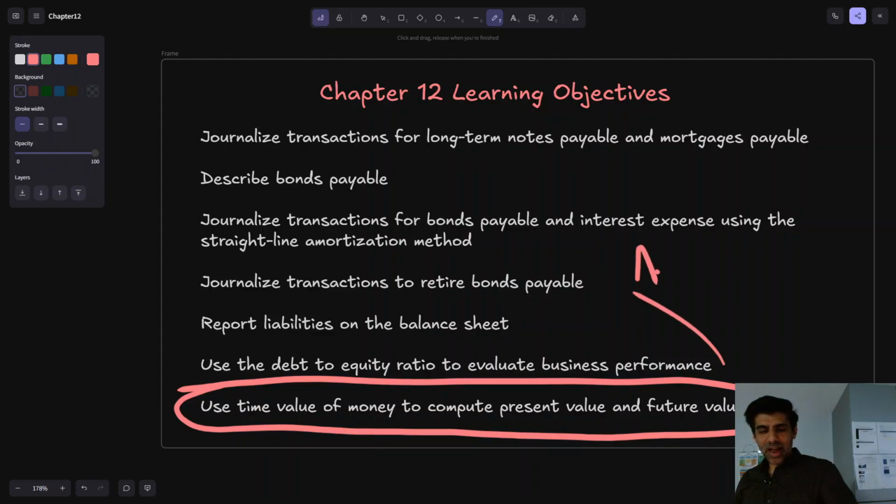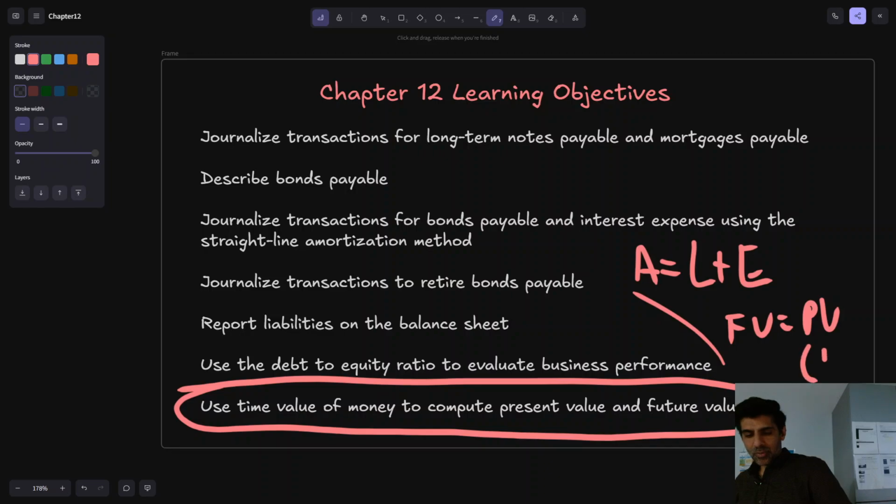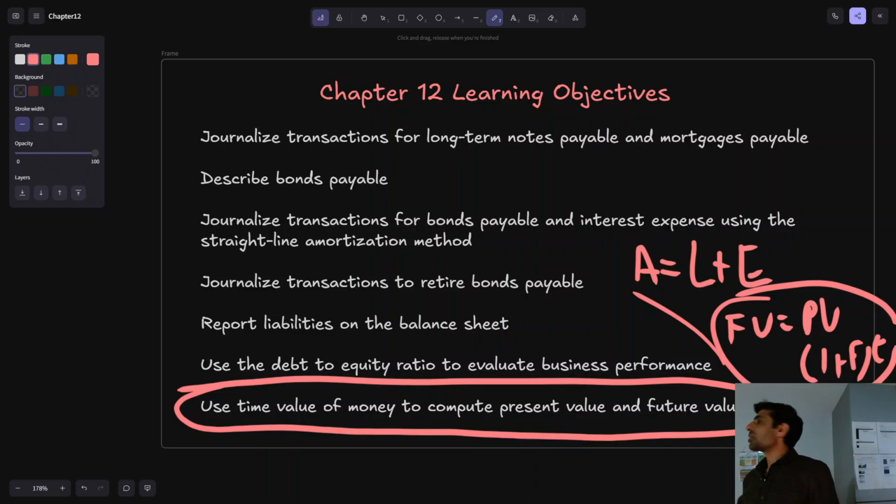Number one tattoo would be assets equals liabilities plus equity. You get that on your left shoulder, and then the other one would be future value equals present value times one plus r to the t power. Okay, so this is the time value of money equation. These are probably the two most important frameworks in finance, investing, accounting. You guys are now familiar with this one.